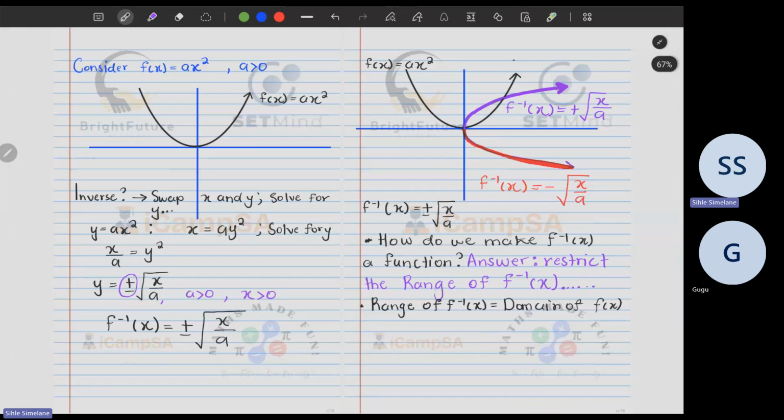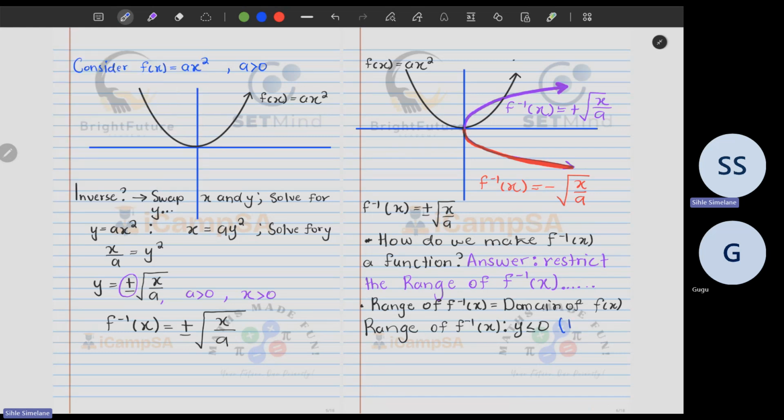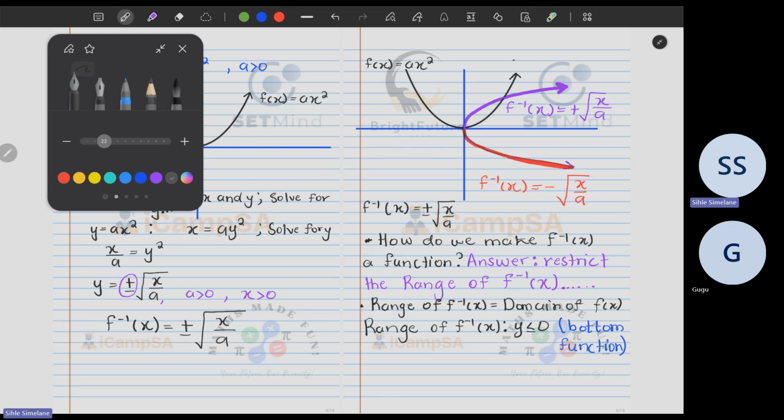So if you observe carefully, how we restrict the range of the inverse will depend on what we want. If we want the bottom function, we say that y must be less than 0. Do you understand? So we are looking at negative y values, and that would mean we are only working with the bottom function.